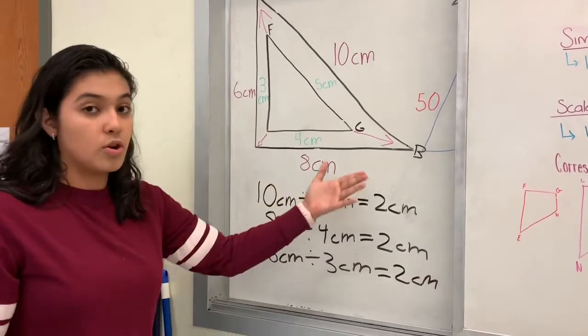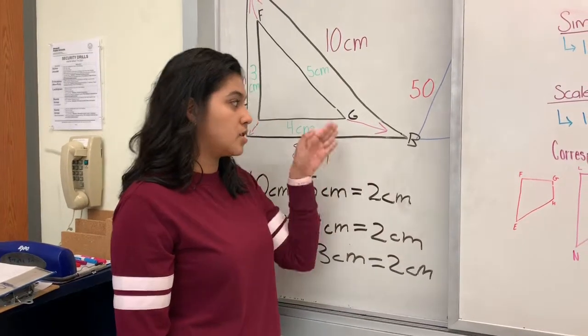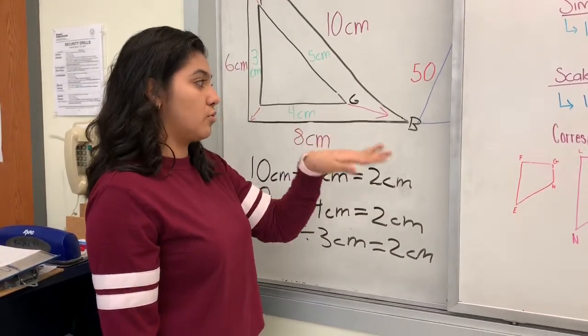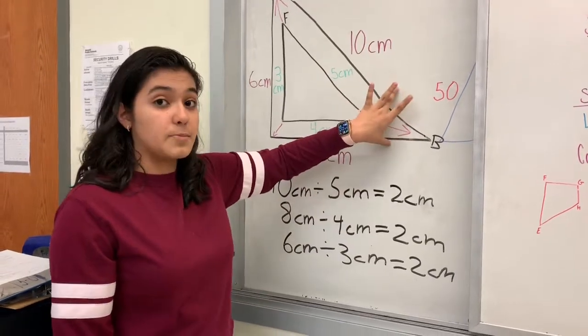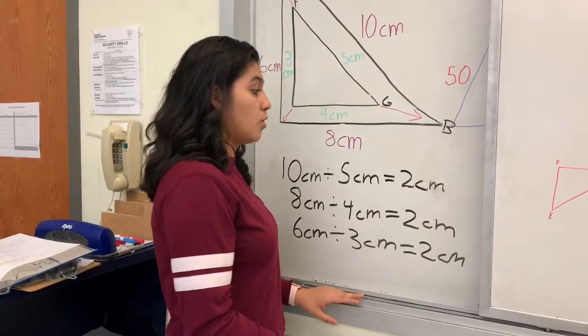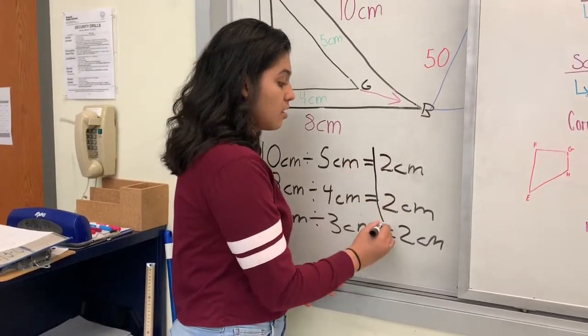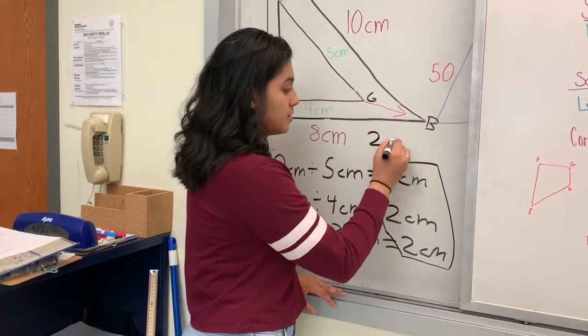And with knowing this, we see that we get 2 centimeters, 2 centimeters, and 2 centimeters for each side. That's how much it grew. So this grew 2 times to get to this bigger shape. As you see the arrows, the shape is growing. So this leaves us knowing that the scale factor is 2.